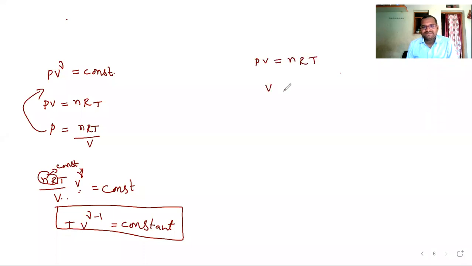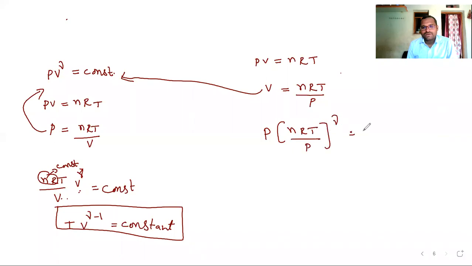Now, what is V? V means nRT by P. Substitute this here. We'll get P into nRT by P whole power gamma is equal to constant. It can be written as P T power gamma divided by P power gamma is equal to constant.